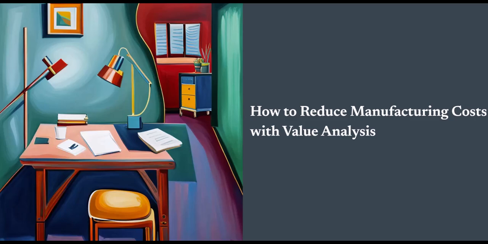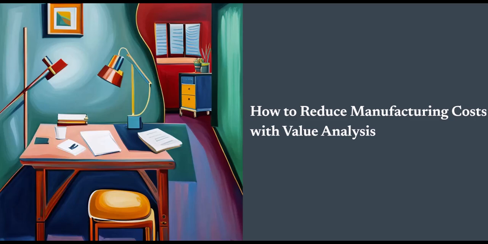Now, let's talk about why reducing manufacturing costs is so crucial. Manufacturing costs are a significant determinant of a company's profitability. High costs eat into profit margins, leaving little room for error in other areas like marketing and sales. For instance, if you're spending $80 to manufacture a product that sells for $100, your profit margin is a mere 20%.